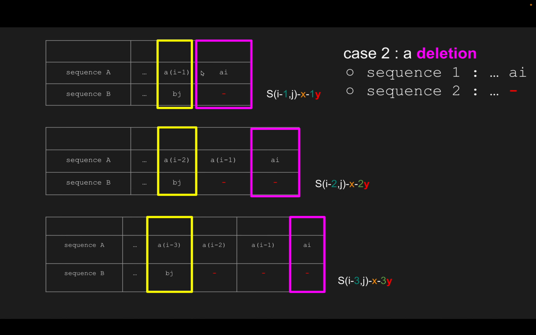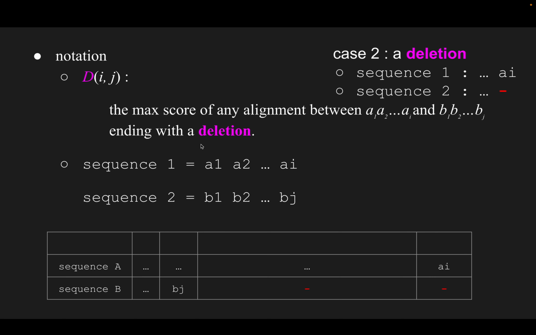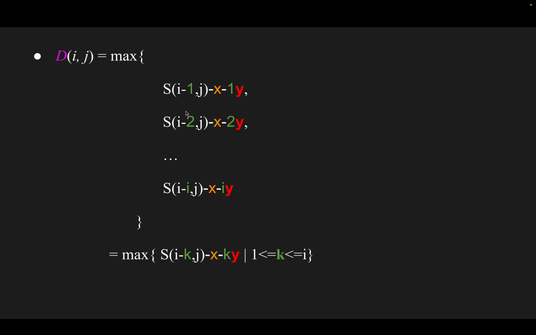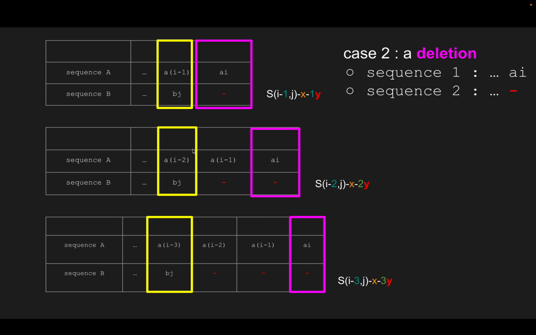Similarly, minus 2y corresponds to the case with one character in between, and so on.